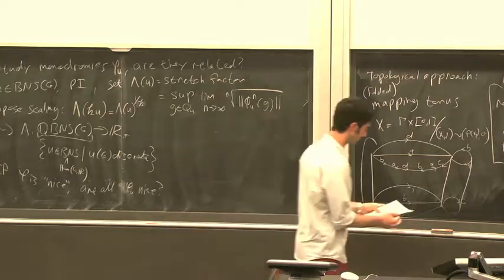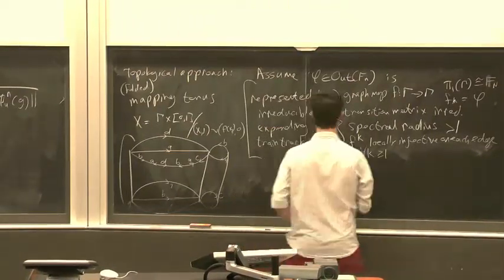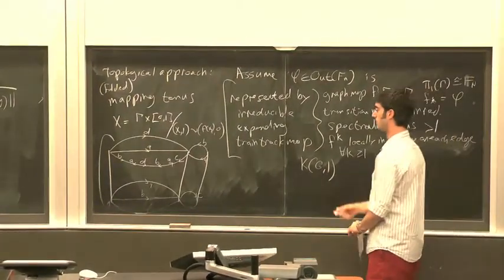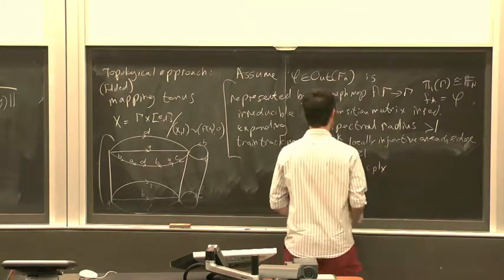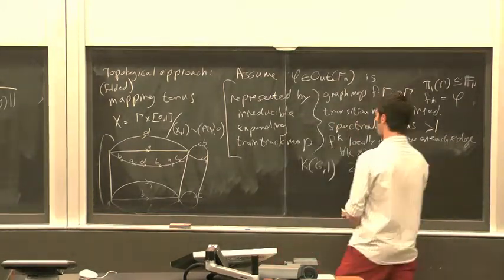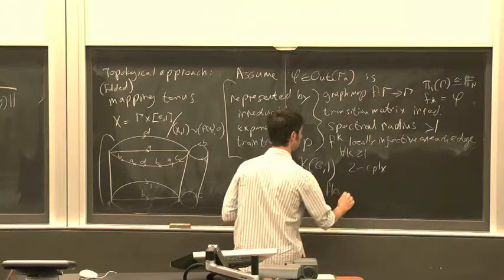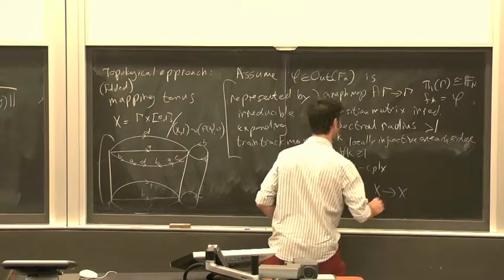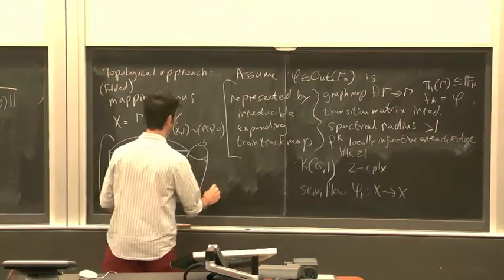What is this thing? It's a K(G,1) space. Its fundamental group is my group G, and all the higher homotopy groups are 0. It's a 2-complex. The other important feature is that it has a semiflow, psi_t from X to itself. How does the flow work? The flow just goes up.